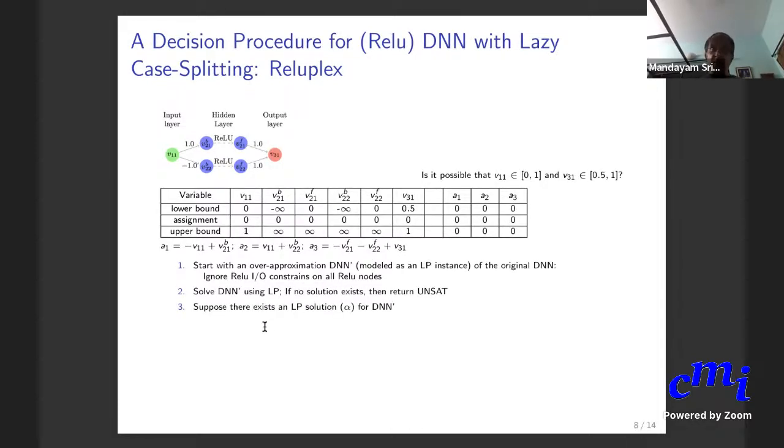Okay? Suppose there exists a solution for this over approximated network. Okay? And suppose that solution is alpha. Obviously, it's a solution that is derived by ignoring the ReLU constraints imposed on this forward and backward variable pair corresponding to ReLU. Therefore, you cannot declare it as satisfying.